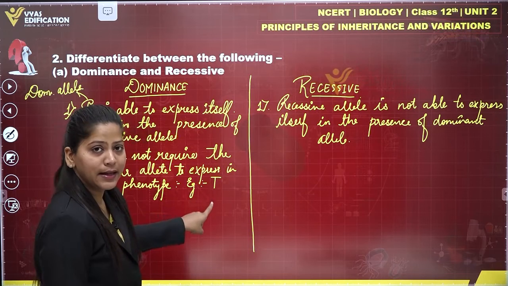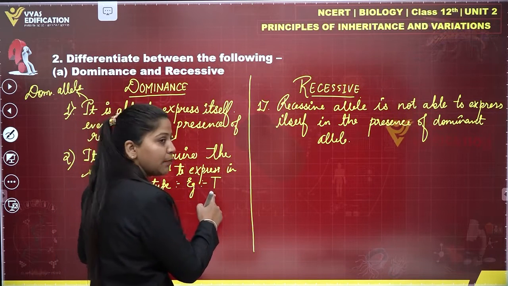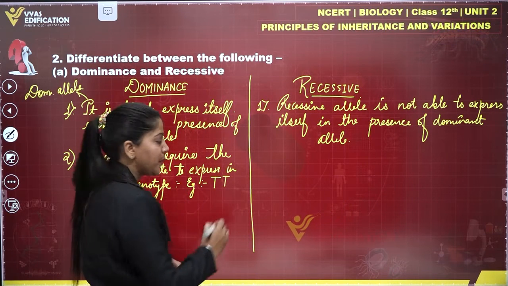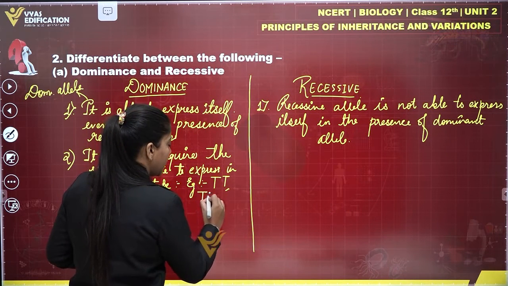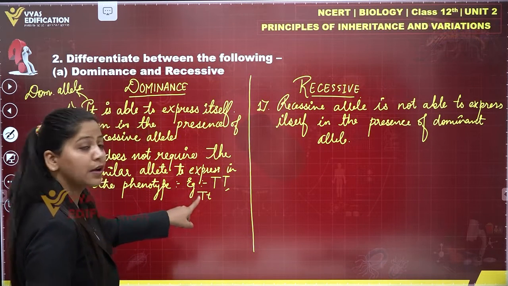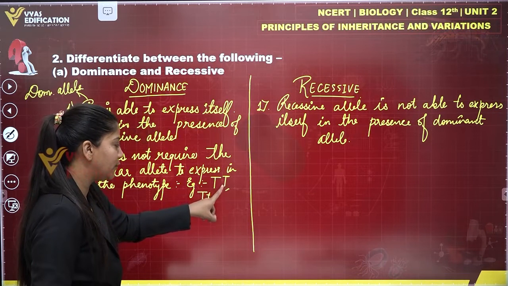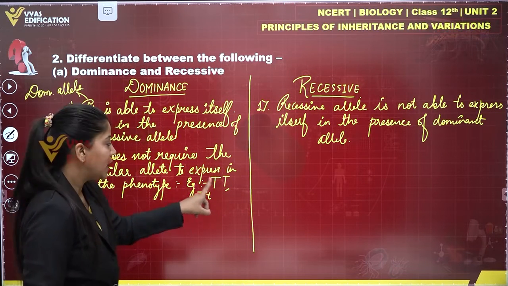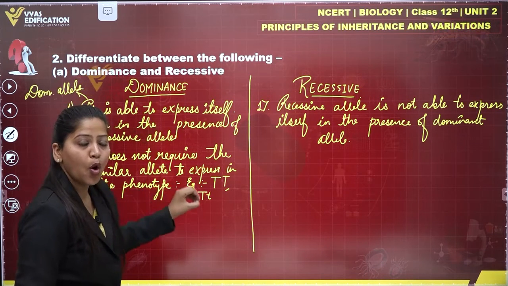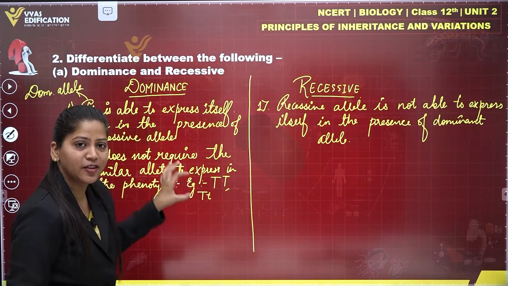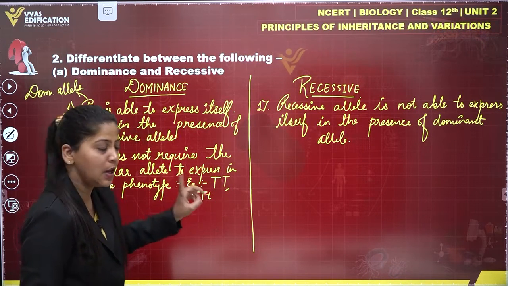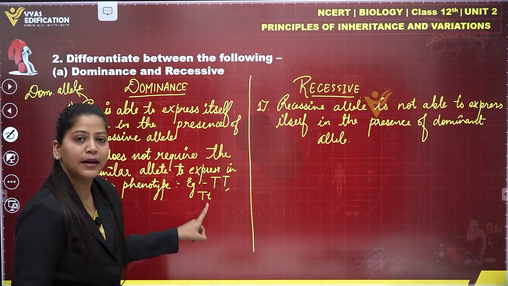This dominant allele is able to express itself even in the presence of another dominant allele or a recessive allele. It will express itself in the phenotype, no matter whether it is present with the similar allele or the dissimilar allele.